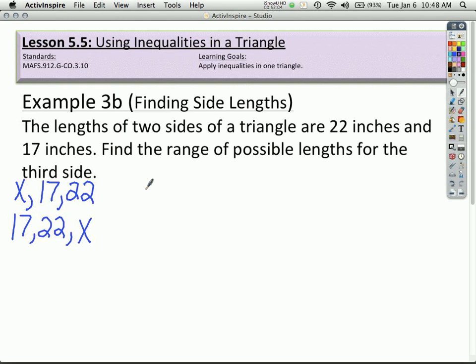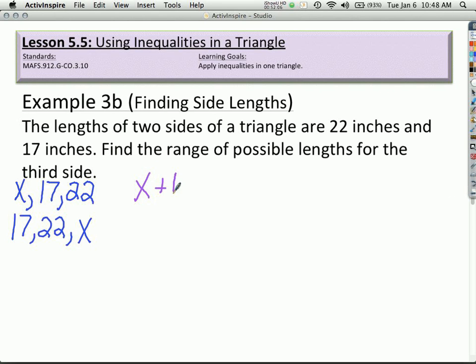So now this would lead to x plus 17 would have to be greater than 22. This one leads to 17 plus 22 has to be greater than x. Solve each of those.